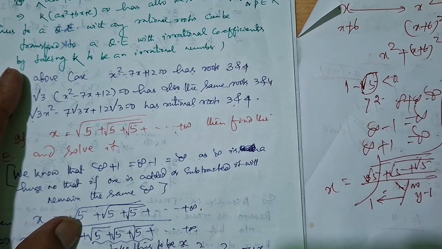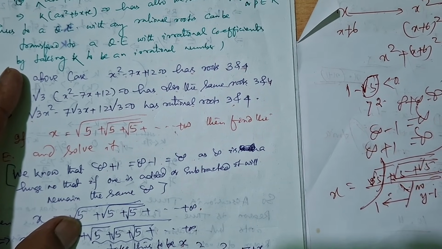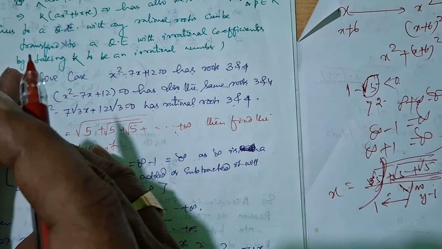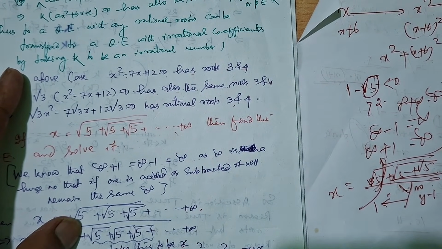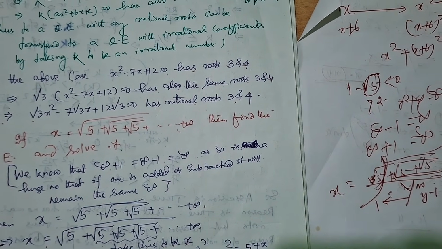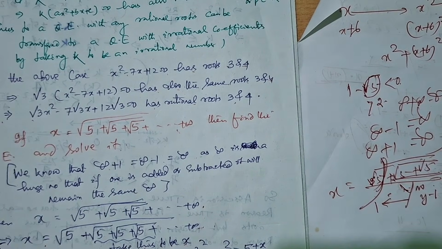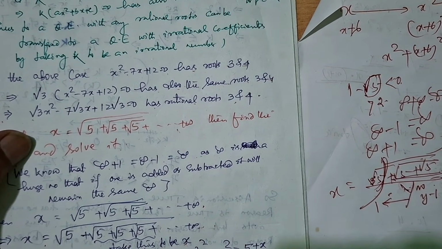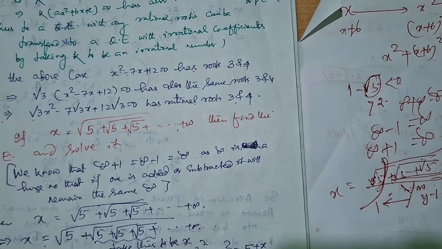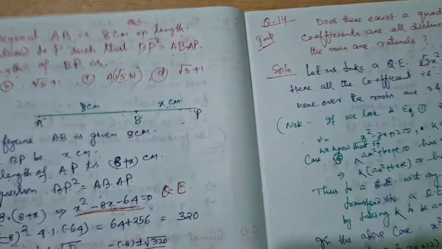But up to infinity, if you leave one, how many remain? It is infinity minus 1, because one number is already taken outside. But the meaning of infinity minus 1 is again infinity. So you apply this rule. So x is equal to root 5 plus x, because the remaining part is x. You square both sides and you get x equal to this, plus or minus this. Okay, so it is a typical type of question. You just remember how to solve this.